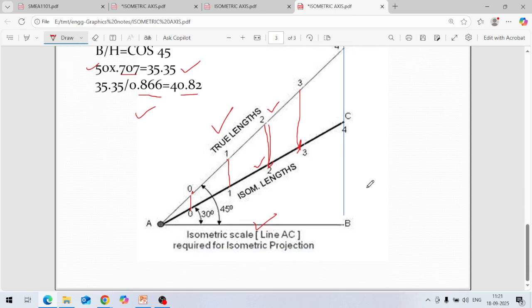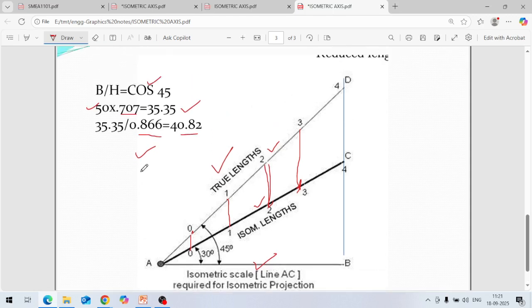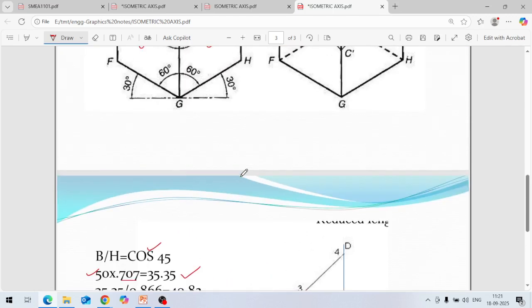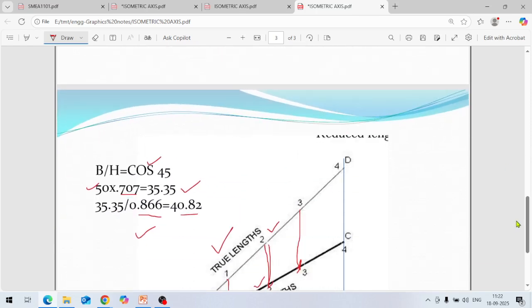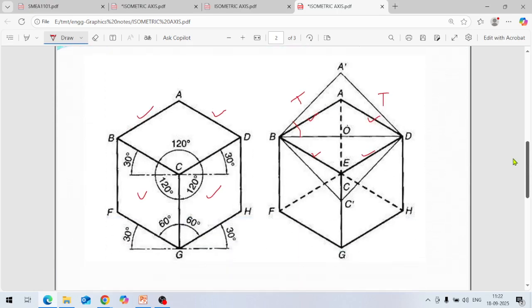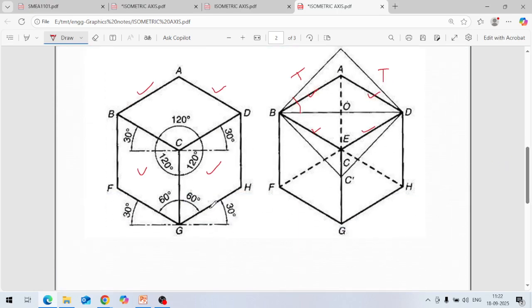So this way, now it may be clear to you what isometric length is and what true length is. In this figure you see all the lines at 30 degrees, like this.